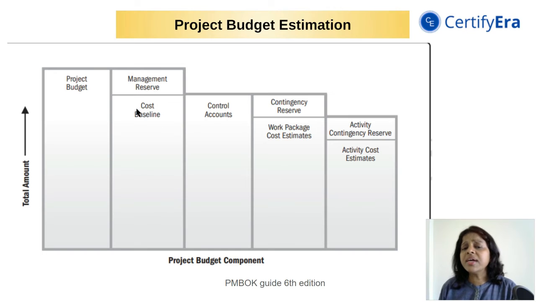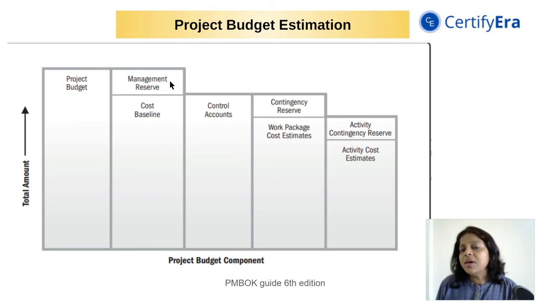After we have derived the cost baseline, it is time to plan some reserves for unidentified risks or unknown risks. For unidentified risks, we will try to plan some management reserves.